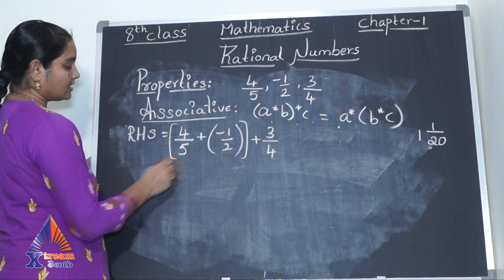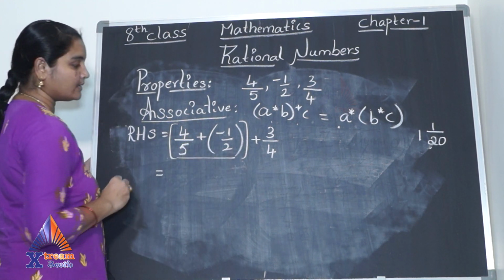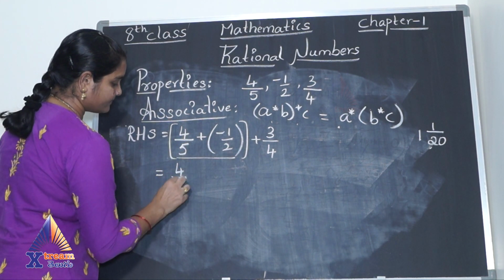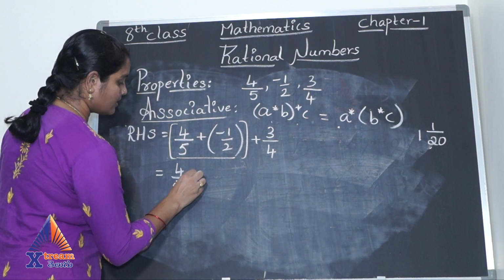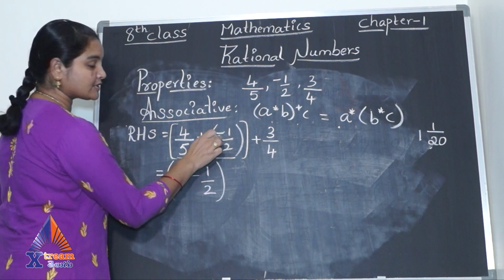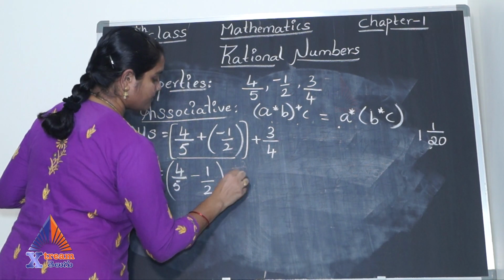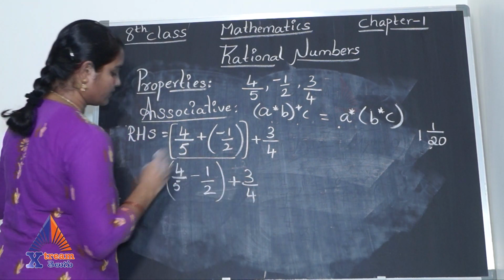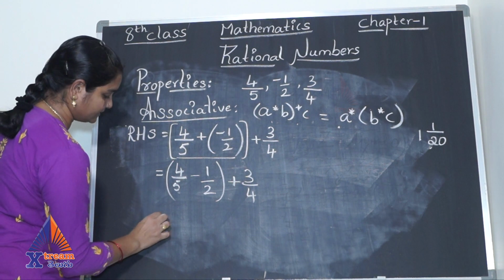So we'll add this, as I told, the bracket part first. 4 by 5 minus 1 by 2, because plus of minus gives us minus, plus 3 by 4. So for 5 and 2 the LCM is 10.